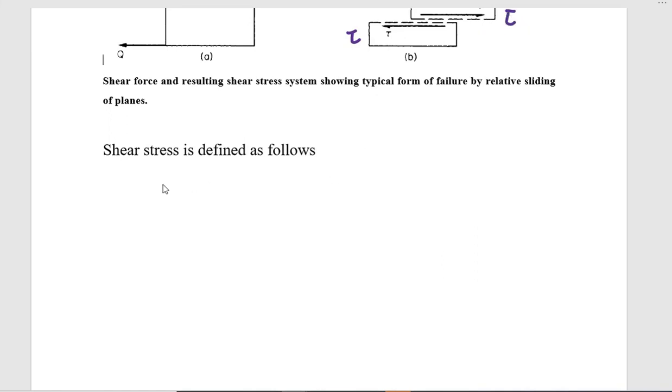This is tau. Therefore, this one is showing the shear force and resisting shear stress system, showing the typical form of failure by relative sliding of planes.